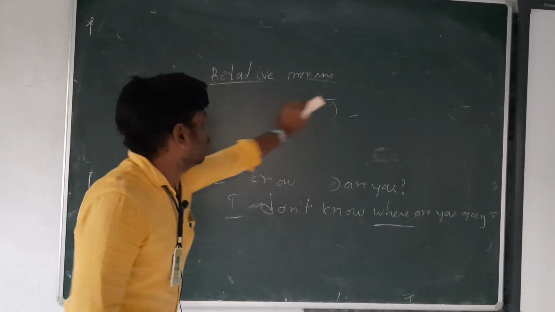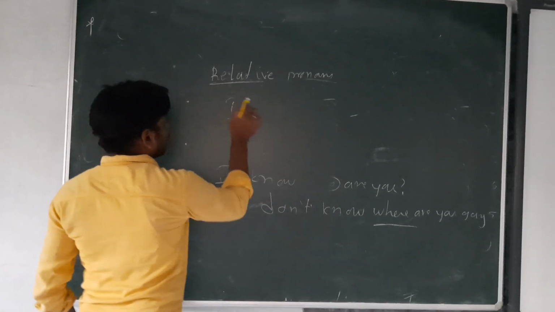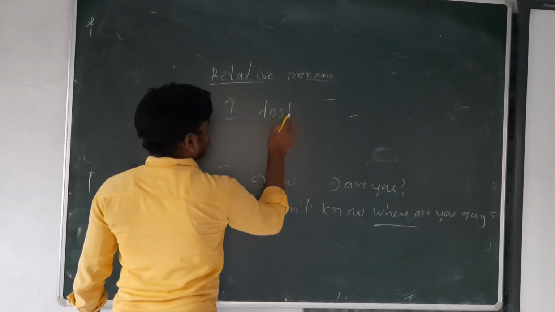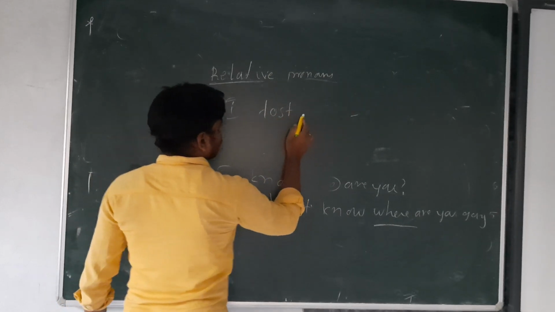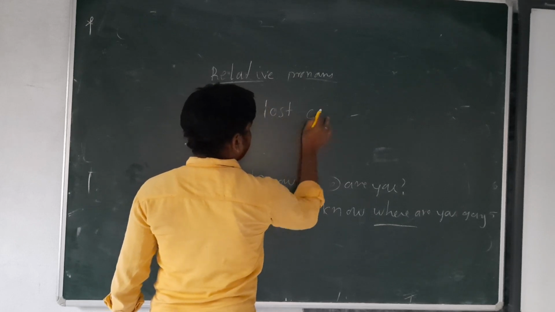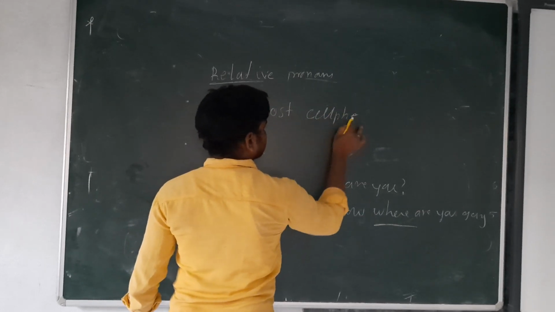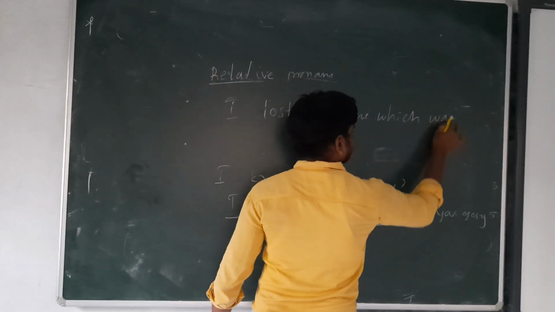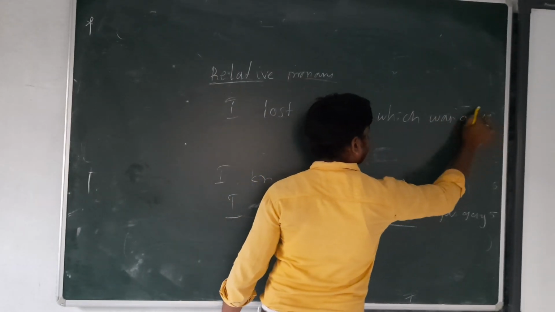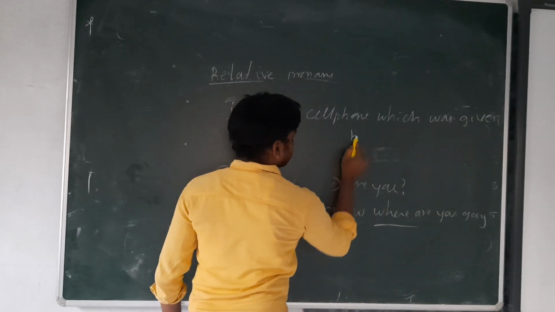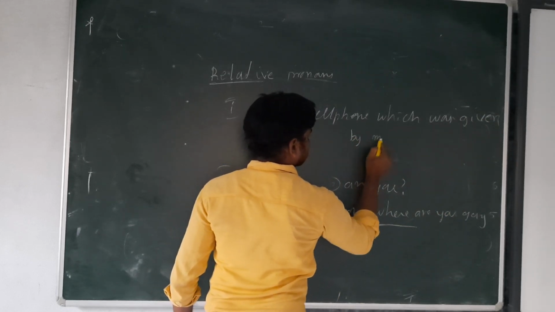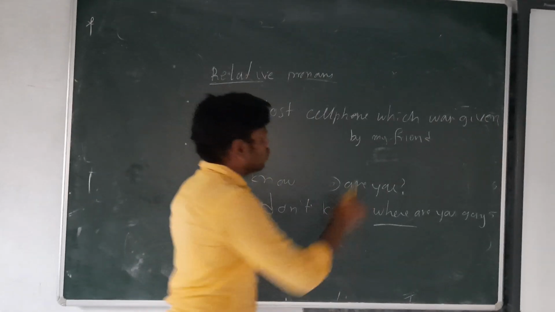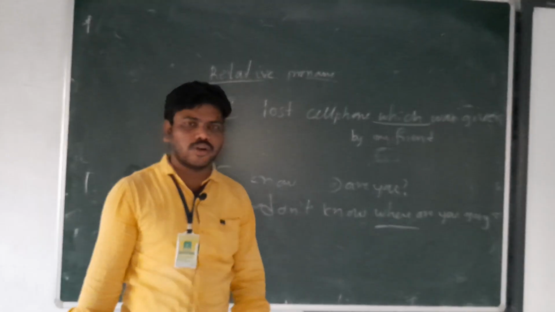Next example, I lost my cell phone which was given by my friend. Here, which is called a relative pronoun.